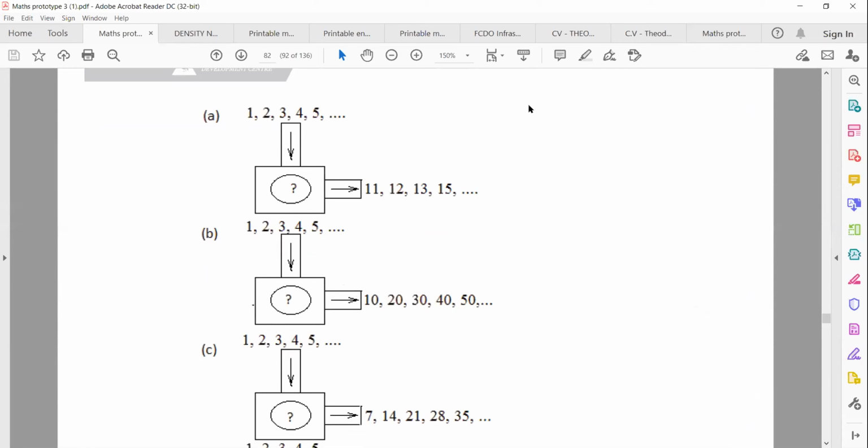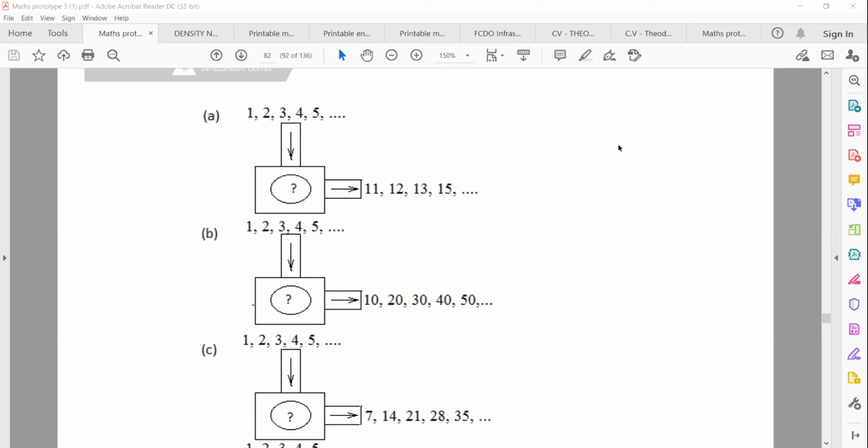So what has this machine done? We have a series of numbers from 1, 2, 3, 4. These dots show that the numbers are still continuing. So what has this machine done to arrive at this 11, 12, 13? There is a missing number here, 14.